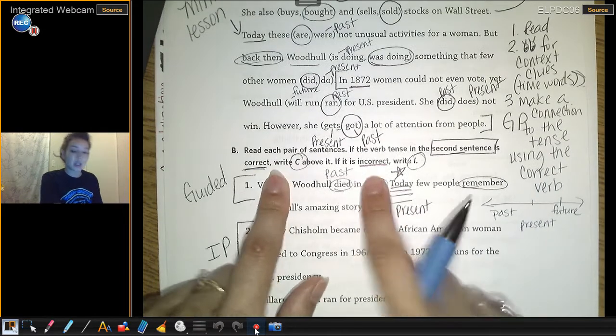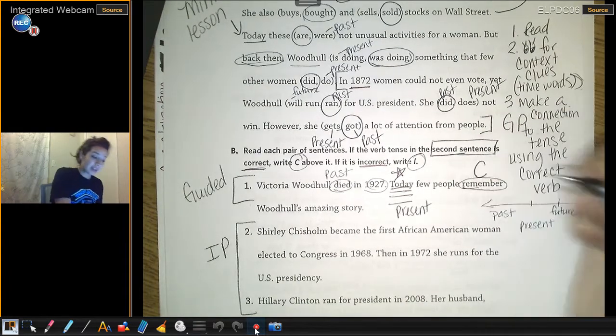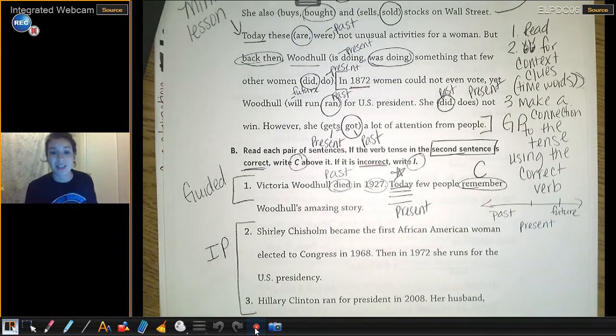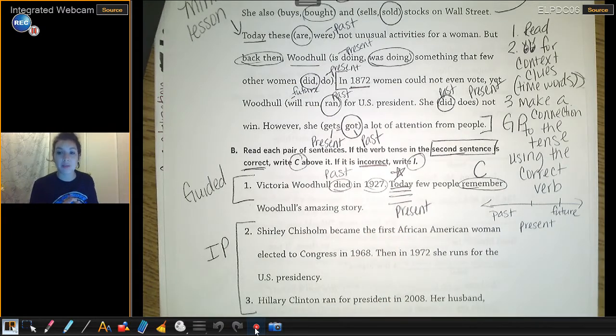That's what we're checking. Is it the correct tense? If you said yes, you are correct. It is correct because remember is a present tense verb. Today is a present tense time. So we are making a connection with those time words and the verb tense.